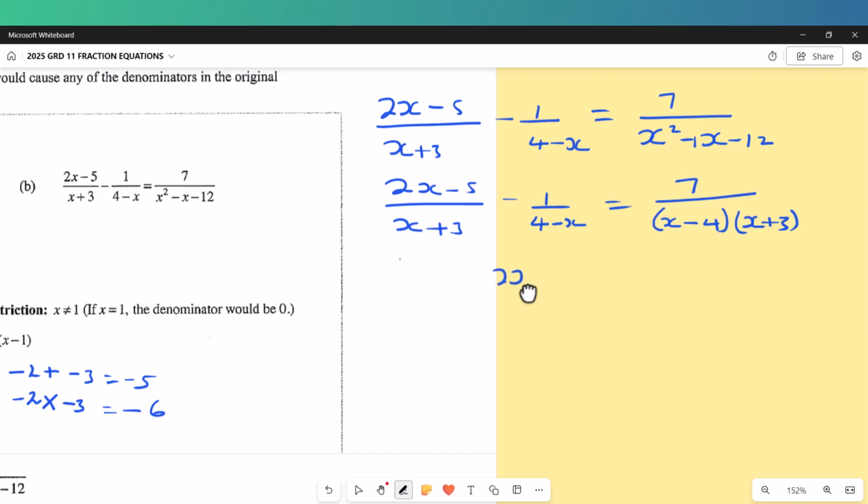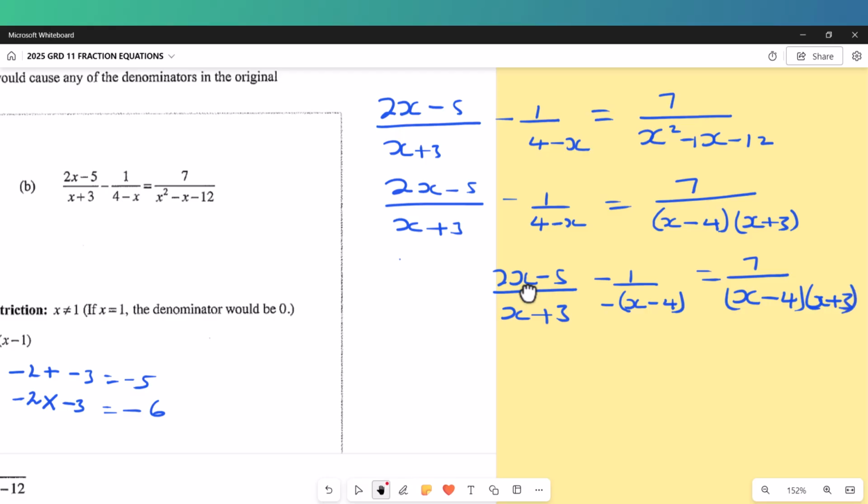So here I have 2x minus 5 divided by x plus 3, and now here I'm going to take out a negative in the denominator. If I take out a negative in the denominator, the signs must change, so it becomes x minus 4, then equals 7 over x minus 4 into x plus 3. So now I can write it properly. If I divide the two negatives, I get a positive.